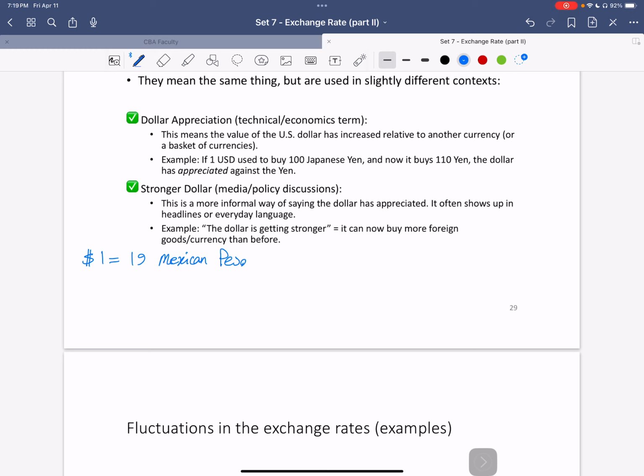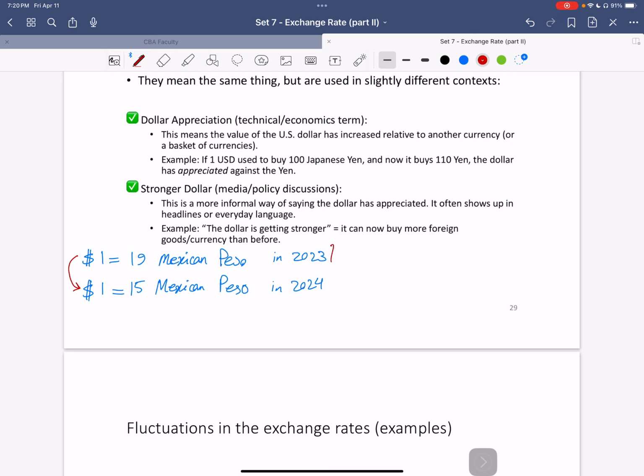Okay, let's say in 2023 it was this much, but in 2024, let's say it turns to this rate. Let's say just some imaginary numbers: 15 Mexican peso. Let's say it changed from this ratio to this one.